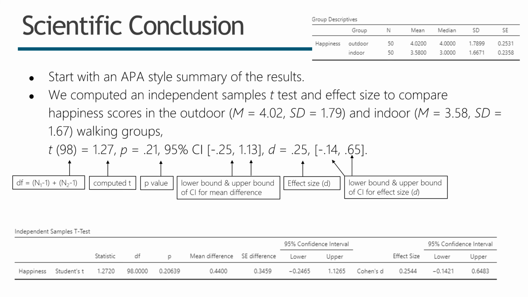So I have the mean and the standard deviation for both groups reported there. And then all of the analyses from computing the t-test, the p-value, and then the confidence interval around the mean difference, then the effect size, and then the confidence interval around that effect size. So all of these results come directly from your output. So you just have to make sure that you get them in there accurately.